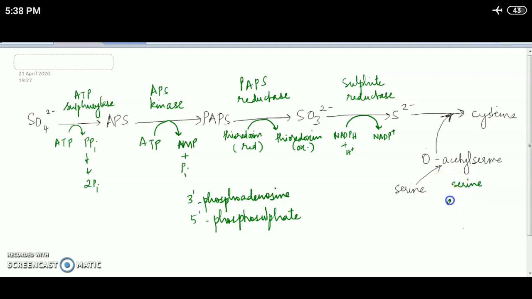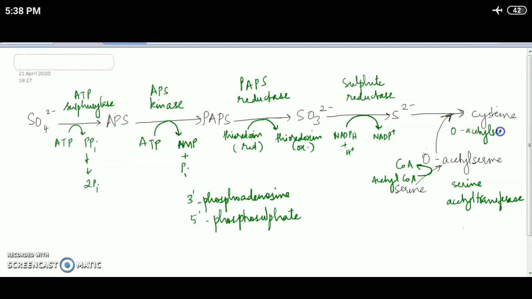PAPS is then converted into sulfite. This is carried out by the enzyme PAPS reductase. So PAPS, that is 3' phosphoadenosine 5' phosphosulfate, is acted upon by the enzyme PAPS reductase to form sulfite.